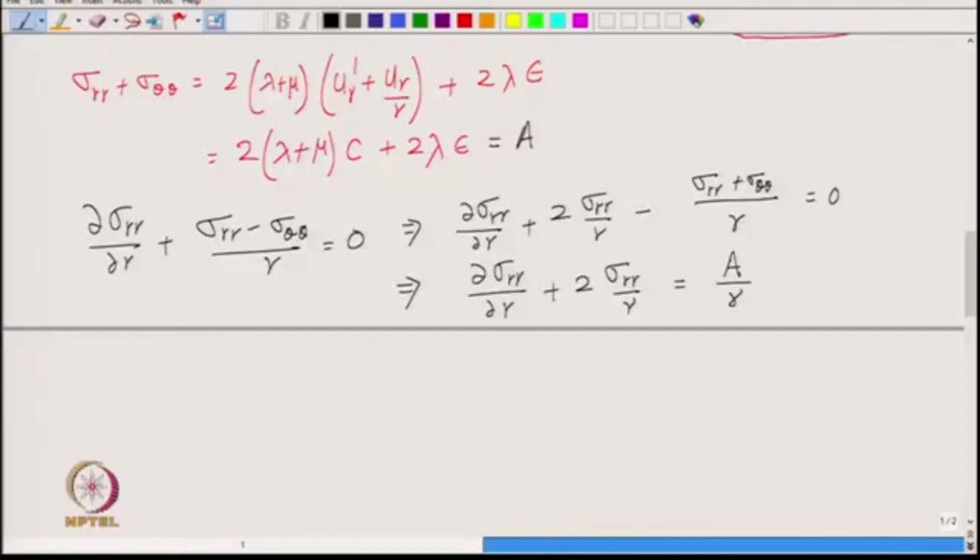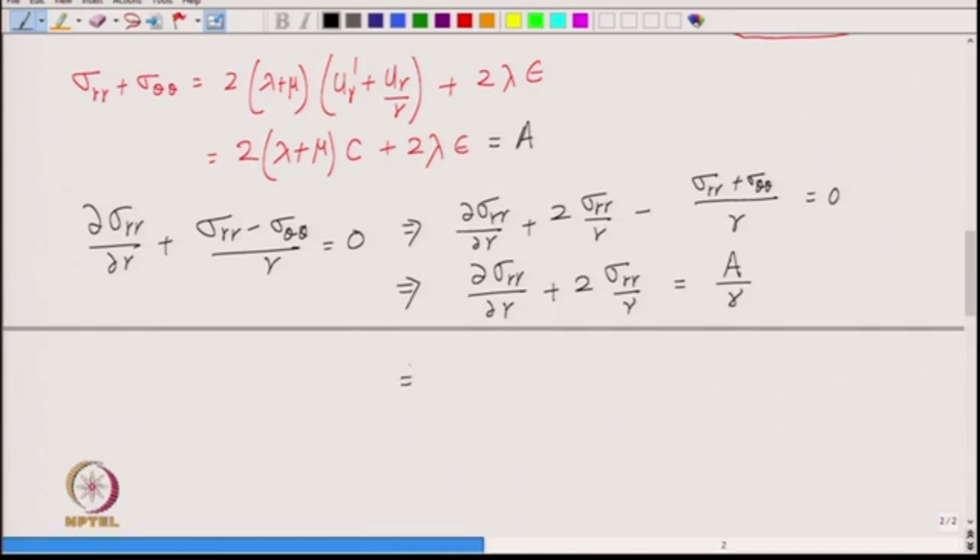This could also be written as 1 over r square of d by dr of (sigma_rr times r square). When you take the derivative you will get exactly the 2 terms. So, this is equal to a by r.